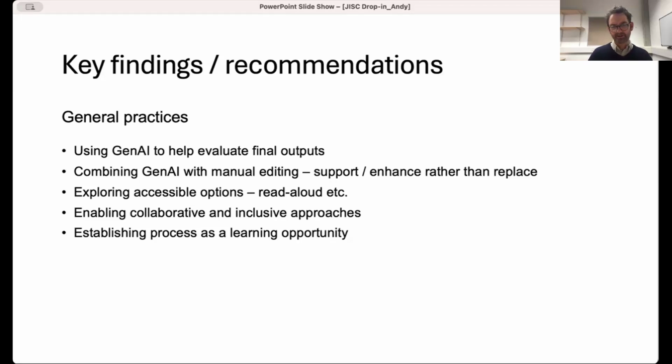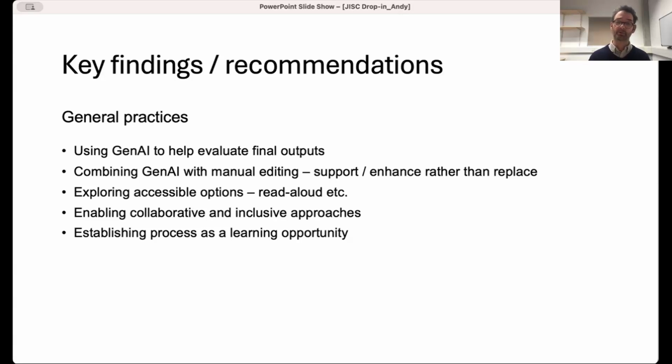And certainly the workshop environment that we created really emphasized those collaborative and inclusive approaches to doing this type of work. And with my educator hat on, really documenting the process and understanding that each of these different tasks and subtasks can be seen as learning opportunities.